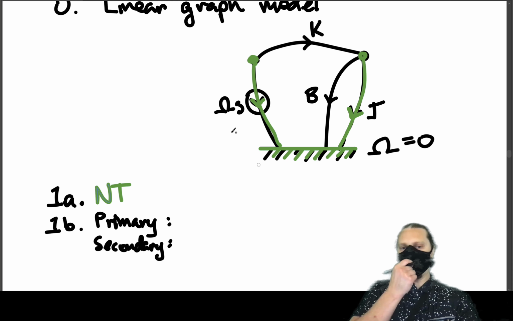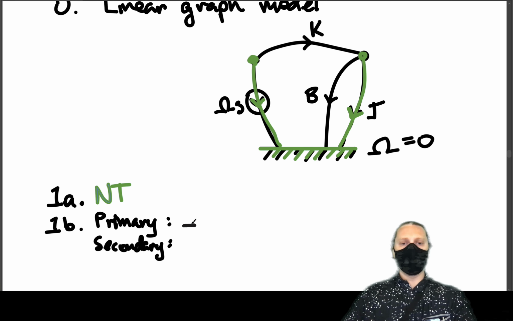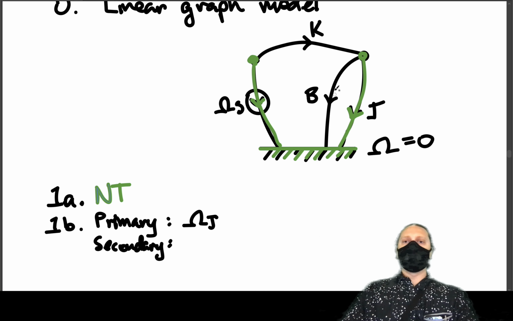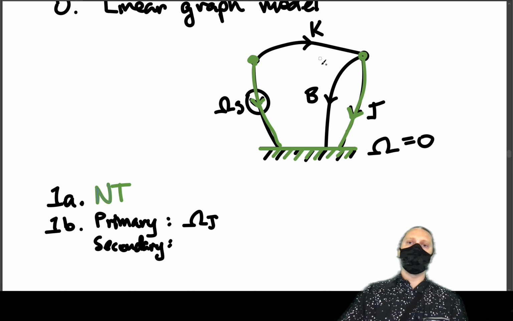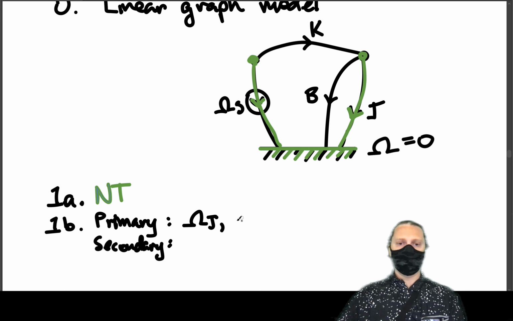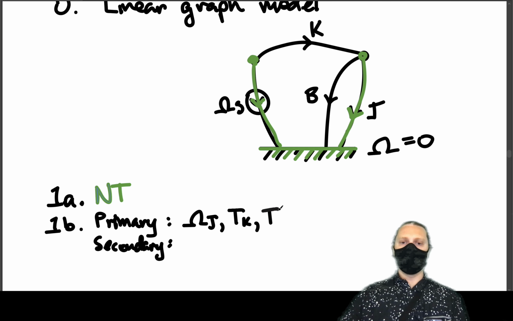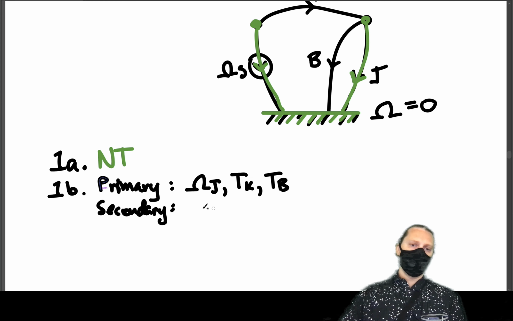If it's in the normal tree, it's a branch, and the primary variable associated with it is its across variable, so omega J. If it's a link, we include the through variable, which is the torque in this case. So Tk and Tb, the torque through the spring and the damper.